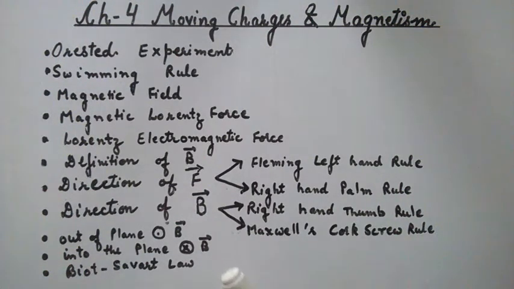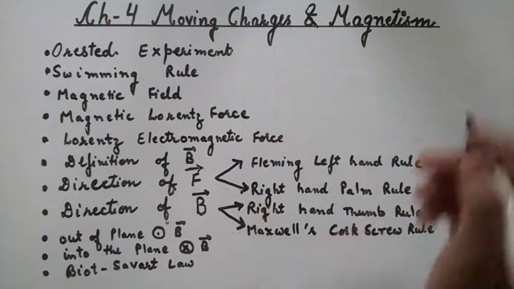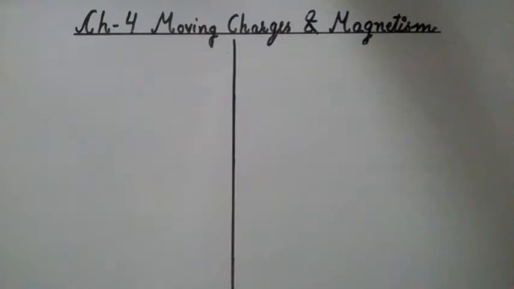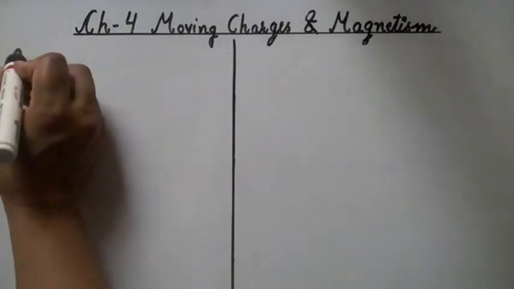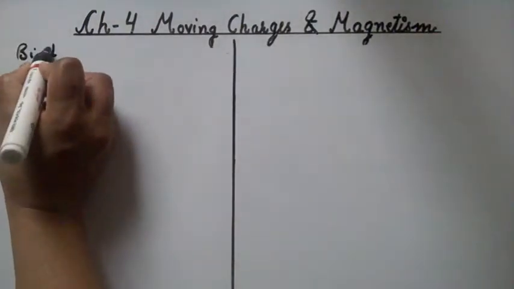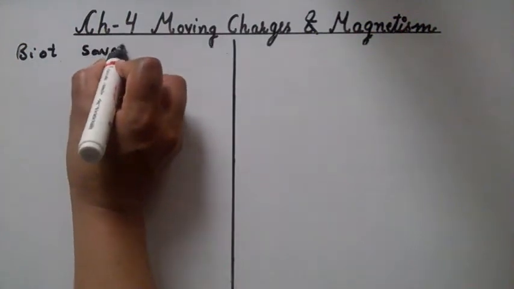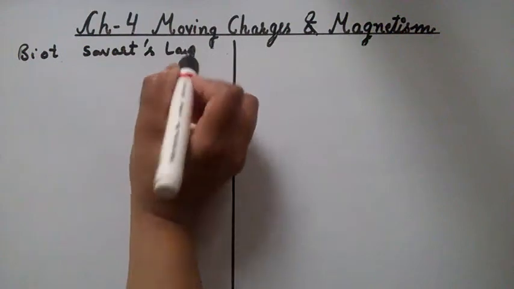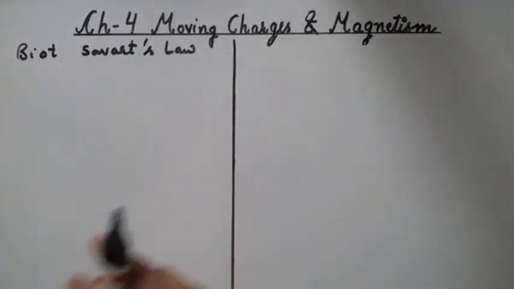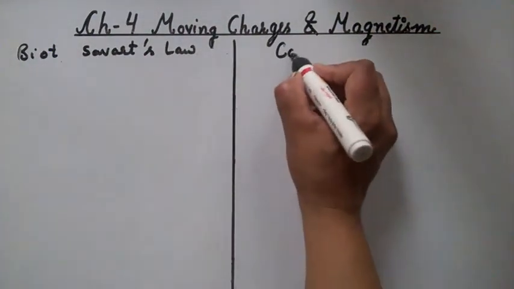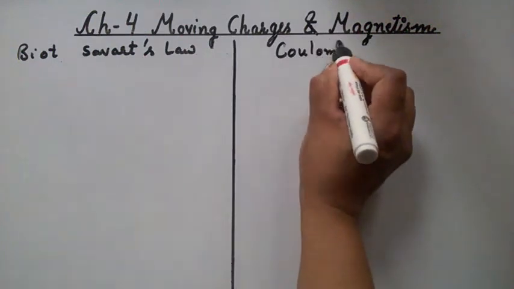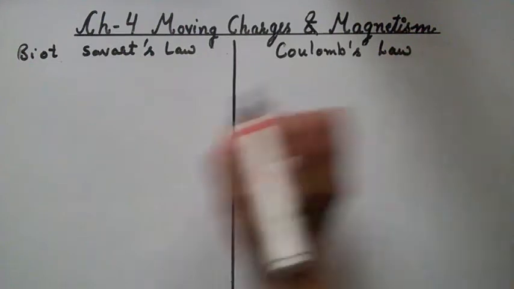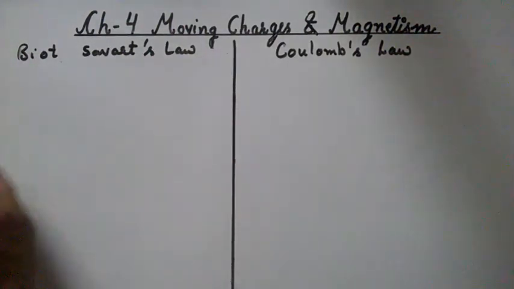So now let's study the comparison of Biot-Savart's law, which we use for the magnetic field, and Coulomb's law for the electrostatic field. Let's compare them.